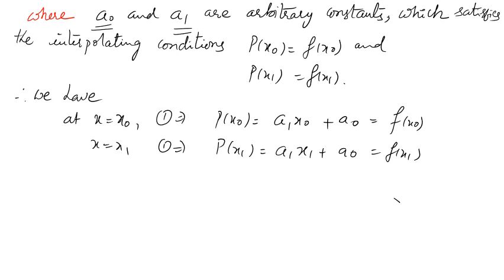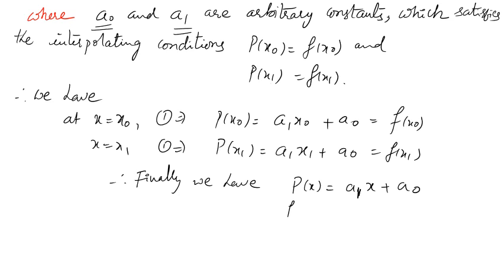Therefore we have the first equation, P of x equal to a1x plus a0. Second equation, f of x0 equal to a1 x0 plus a0. And another equation, f of x1 equal to a1 x1 plus a0.